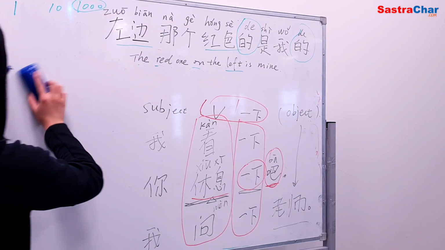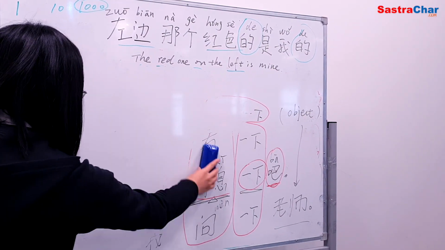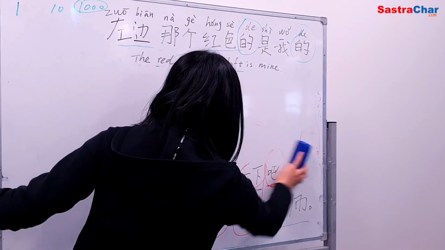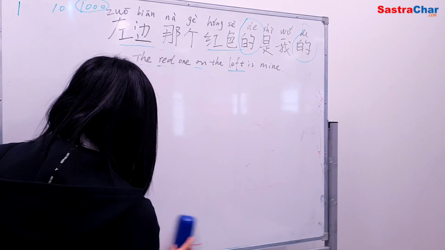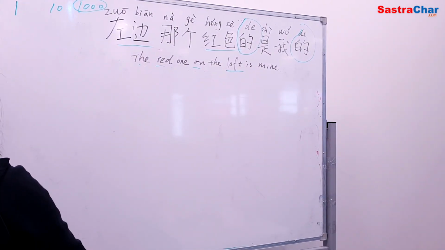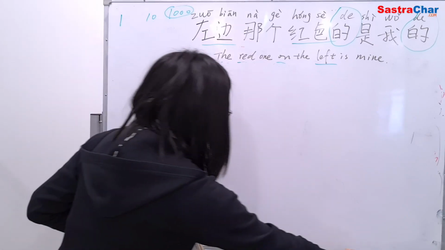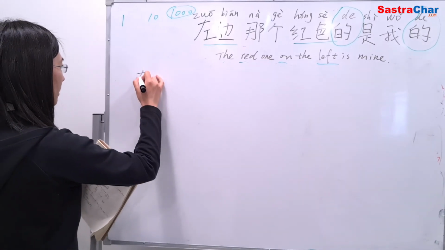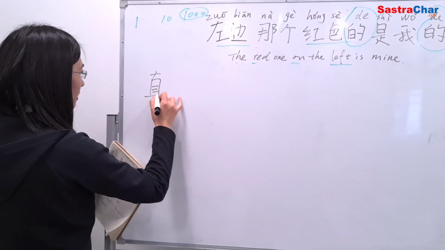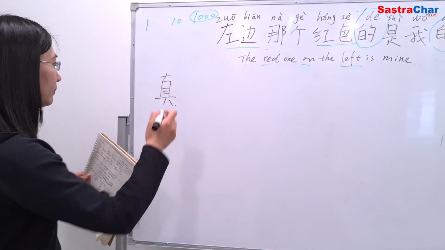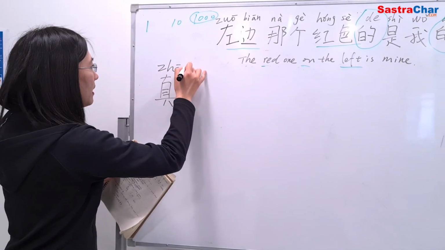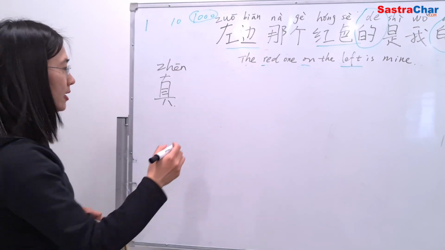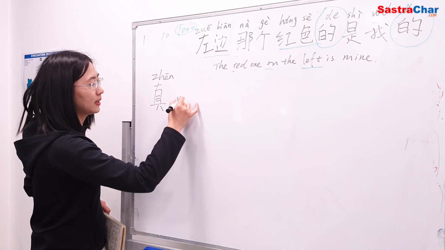Next, let's see the third grammar point. It is 真. Okay, 真. Well, in our new word list, this word is translated as really, right?